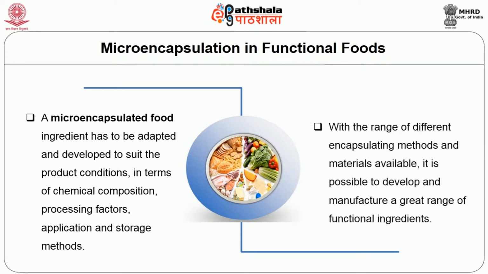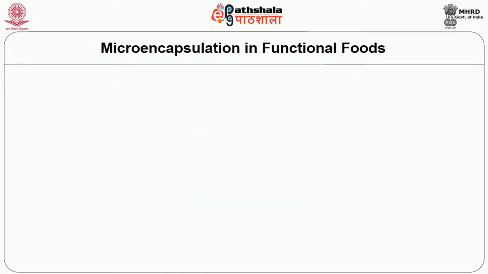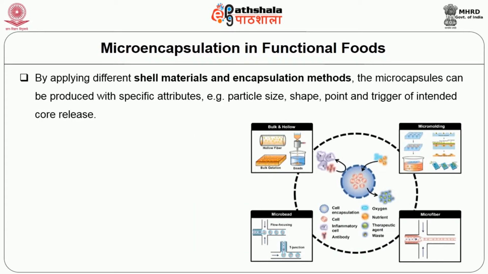With the range of different encapsulating methods and materials available, it is possible to develop and manufacture a great range of functional ingredients. By applying different shell materials and encapsulation methods, the microcapsules can be produced with specific attributes, for example particle size, shape, point and trigger of intended core release.